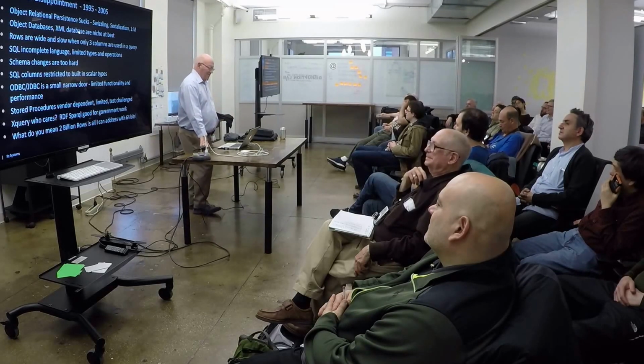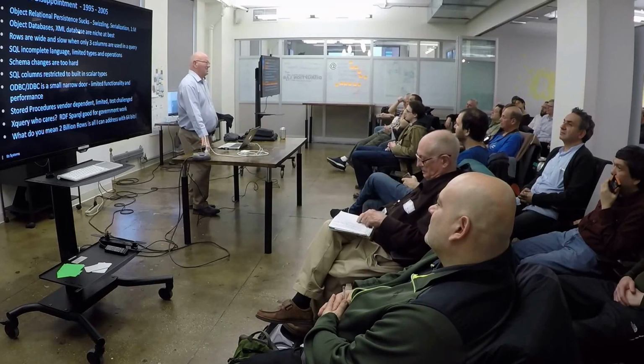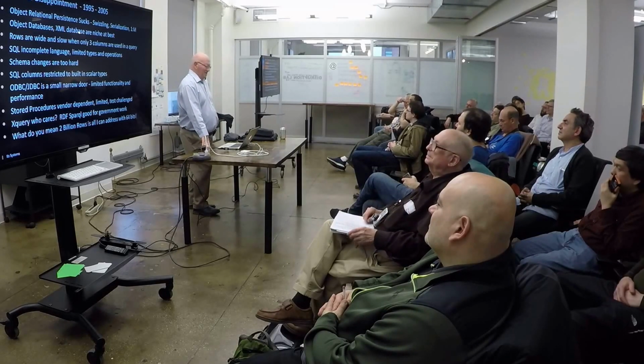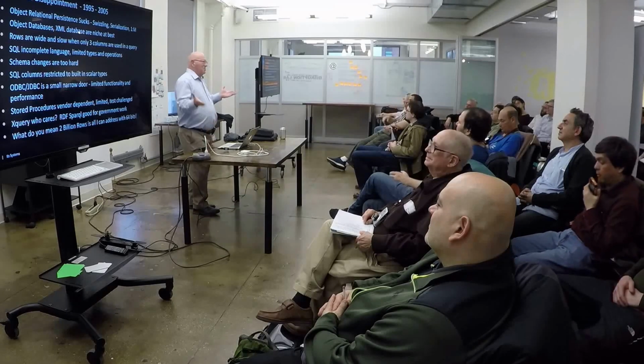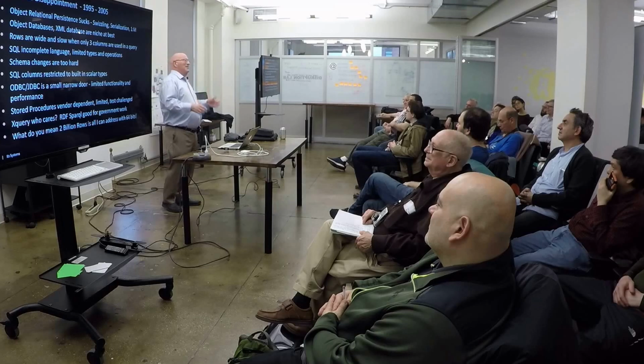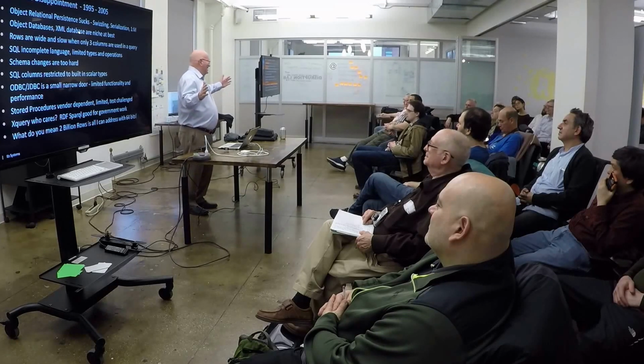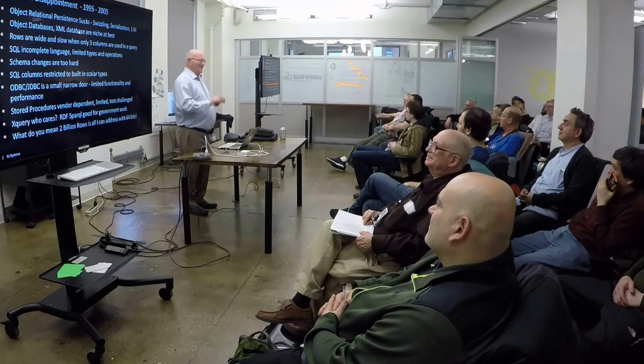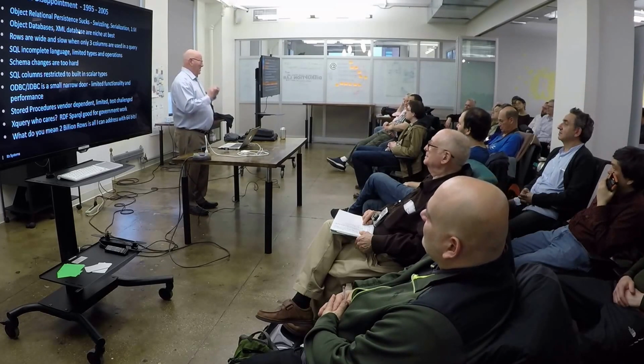Big problem. The rows, object databases, XML databases, they're really just a niche. The rows are too wide, so we have to pull them all into memory, even though we only care about a few columns, and boy, do we make them wide. Were they called database administrators or data moonies?